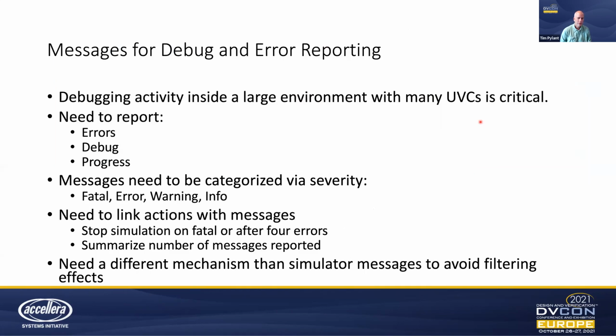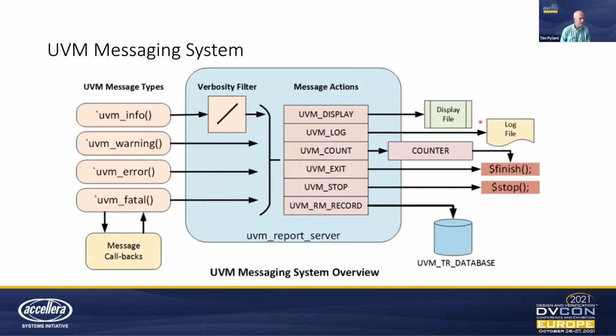So the other thing that UVM provides a lot of value for is in the debug and error reporting using the UVM info and UVM warning and UVM errors. So we want to take advantage of that with UVM-AMS as well. There's just a slight modification that you need to do in order to handle, again, the differences with dealing with analog signals over discrete signals.